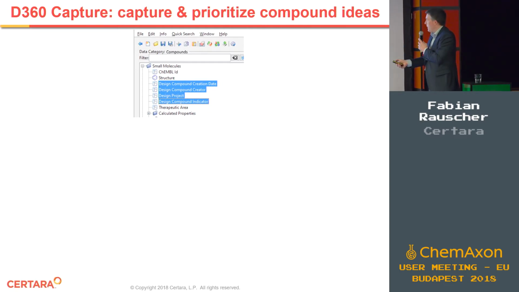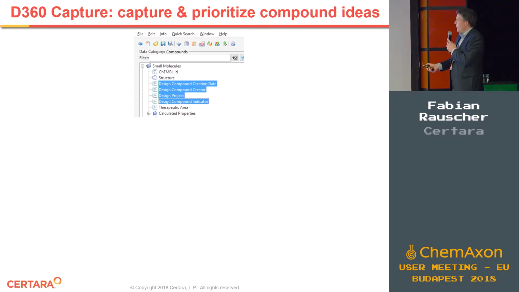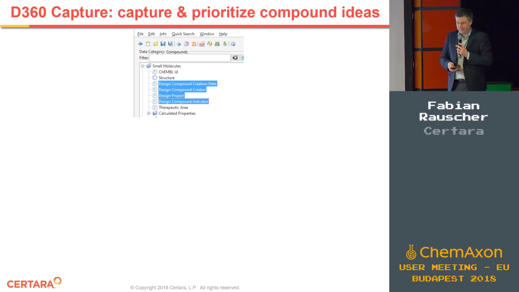For example, at the top here, you see a data catalog exemplified where people can search real structures, and then there are some selectors saying, I also want to see the virtual ones, and you get them within your project data set and can work with them alongside the real compounds with the same analysis tools, and then provide annotations and prioritizations within the project.